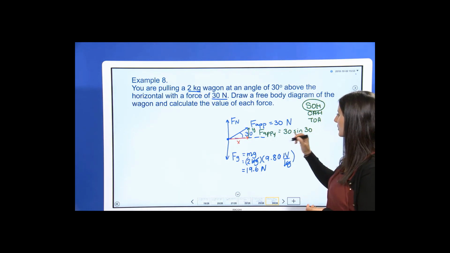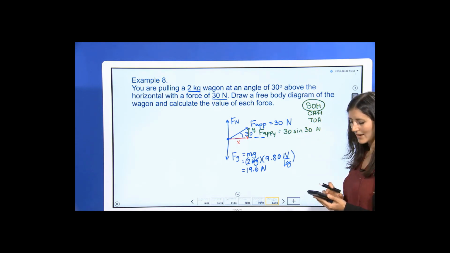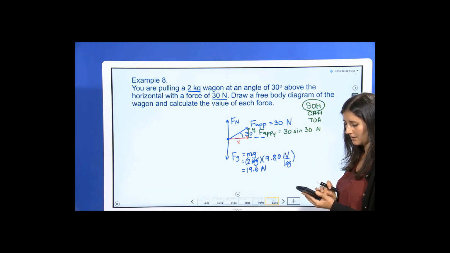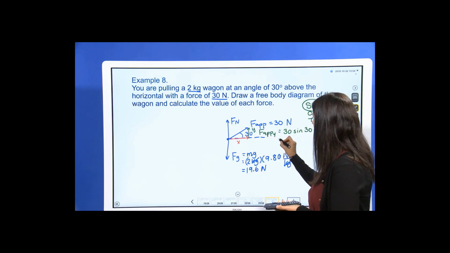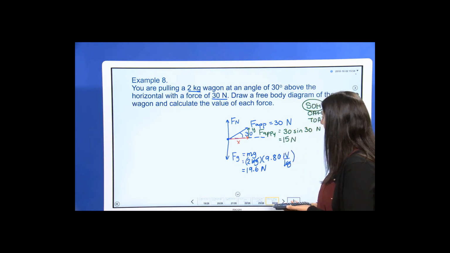Okay, so that's what this F applied is equal to, 30 sine 30 in newtons. Okay, so on my calculator I'm going to type up 30 sine 30 and I get 15. So my F applied in the y direction is 15 newtons.